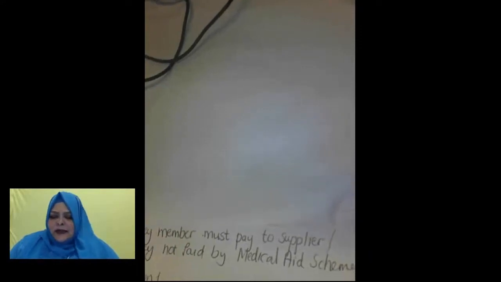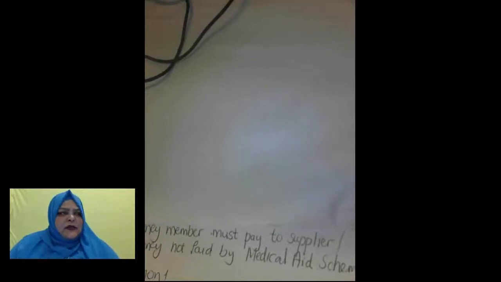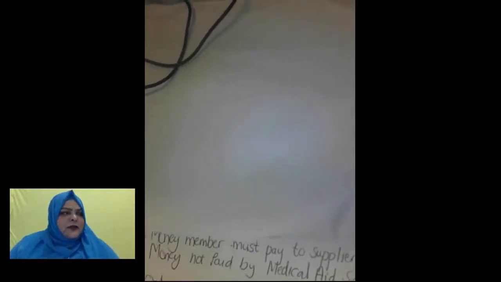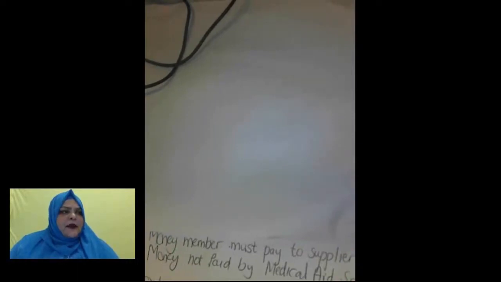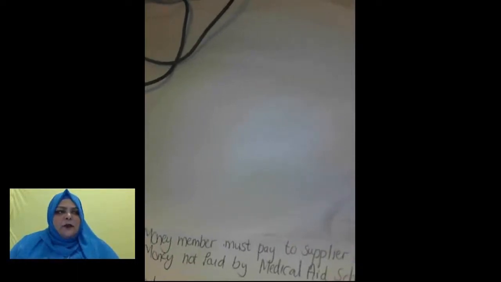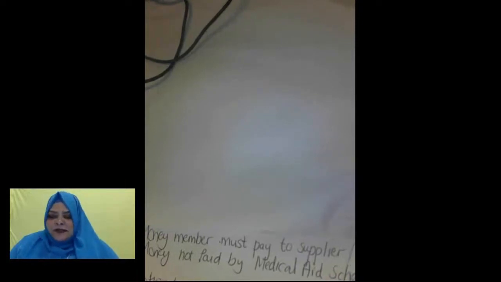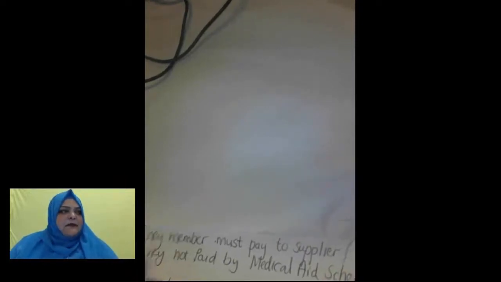When we did our analysis of the Annexure A, we discussed it already, so this question should have been quite easy for you. This money is not covered or paid by the medical aid, and it's money that she must pay the supplier herself.